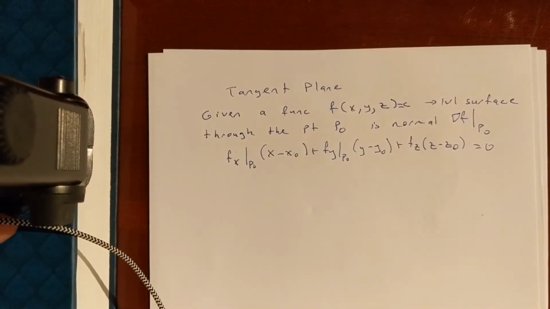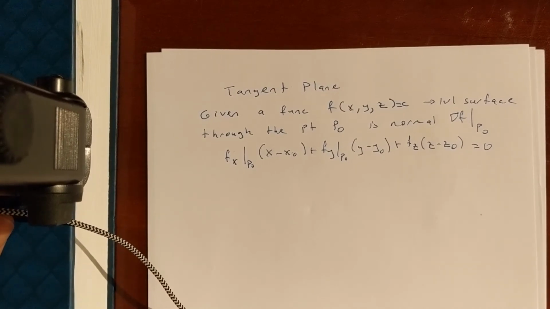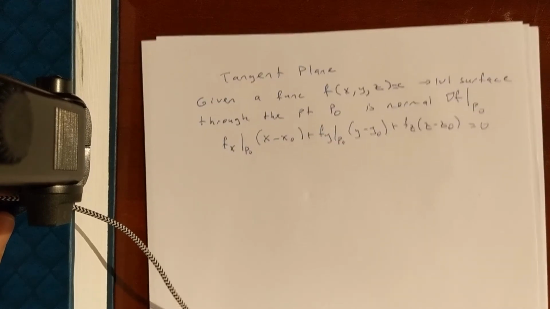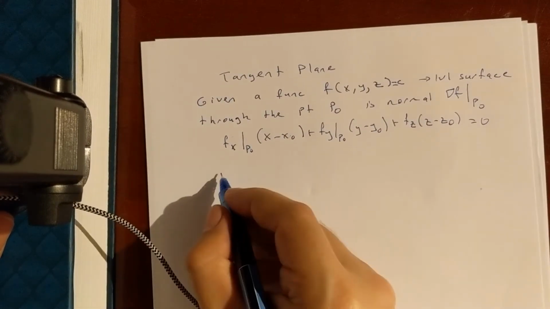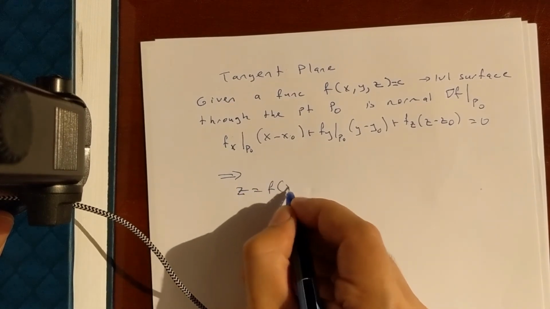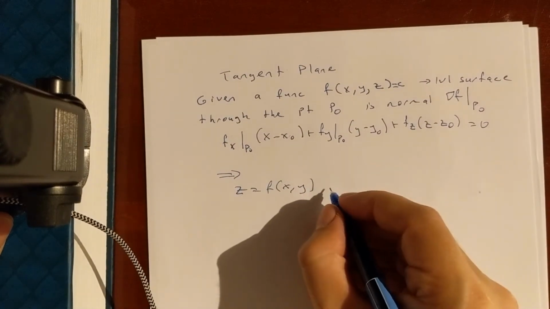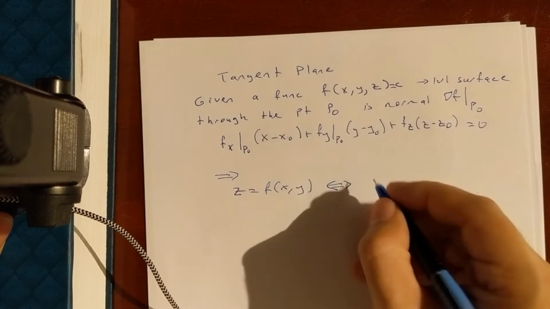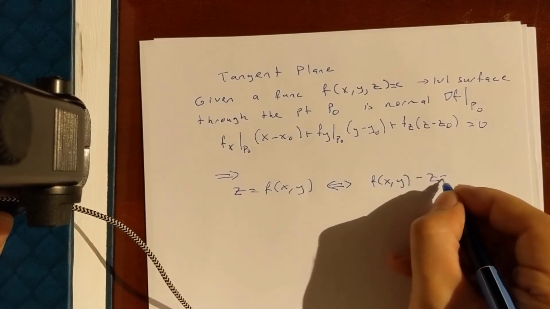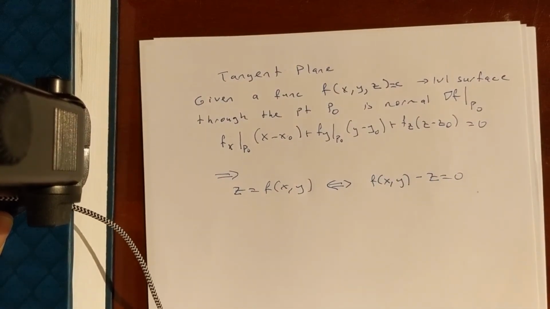Well, okay, so I can imagine you are complaining: we're not done with just functions of 2 variables, why are you doing a function of 3 variables? Because now we're going to see that this implies something very sweet. If we have a function z equals f of x y, I can say this is exactly the same thing as f of x y minus z equals 0. Now, I can see this as a new function of 3 variables.